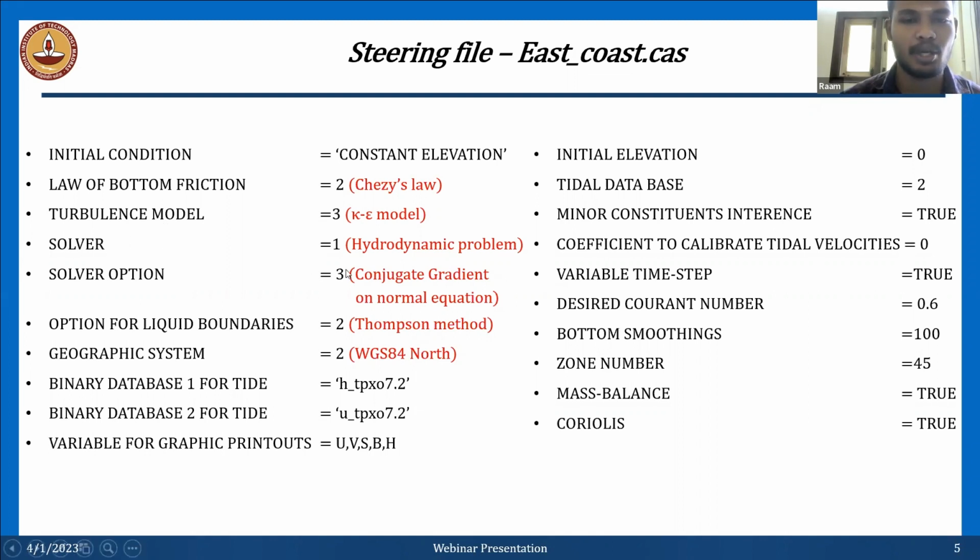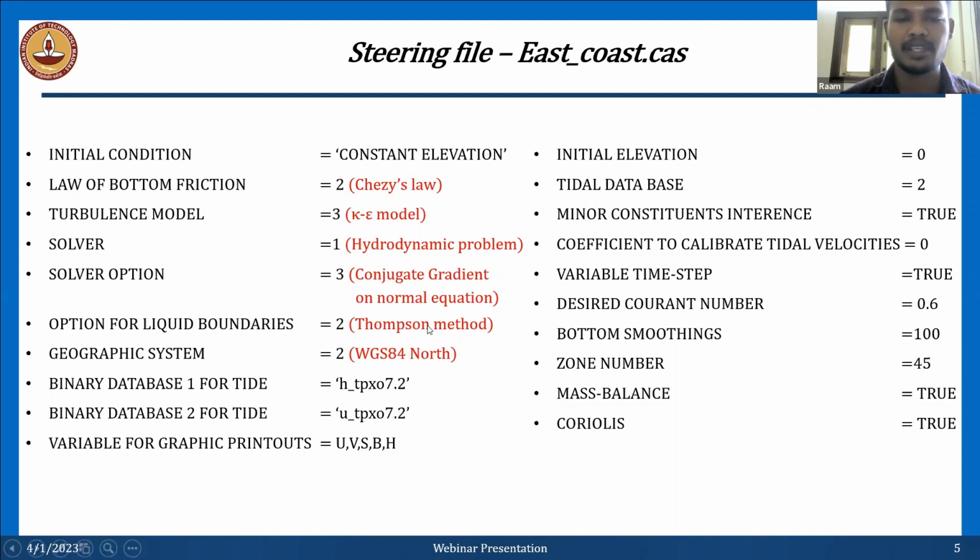And the solver, because we are going with a hydrodynamic problem, and tide comes under hydrodynamic problems, the solver option is the conjugate gradient on normal equation. This is a type of method they follow to solve the basic continuity and Navier-Stokes equations to simulate this process.